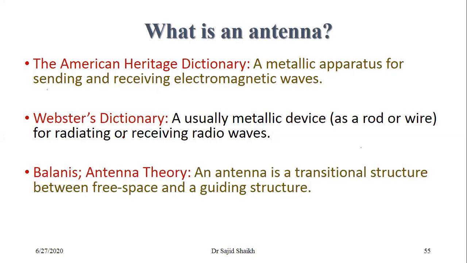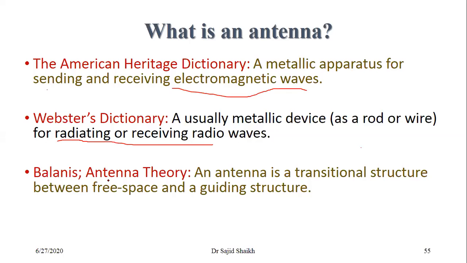Now here we have another one, Webster's dictionary. It states that an antenna is usually a metallic device, such as a rod or wire, for radiating or receiving radio waves. The meaning is the same in both cases, if you look at the summary.